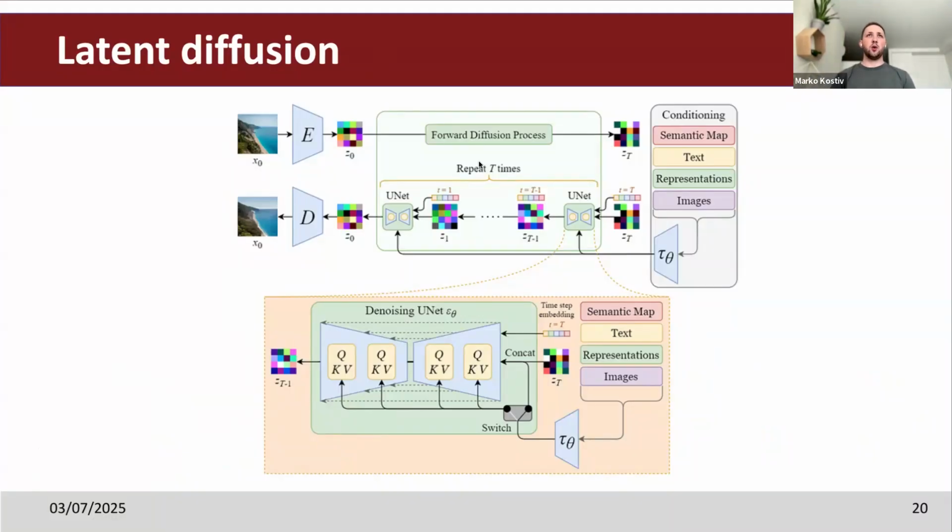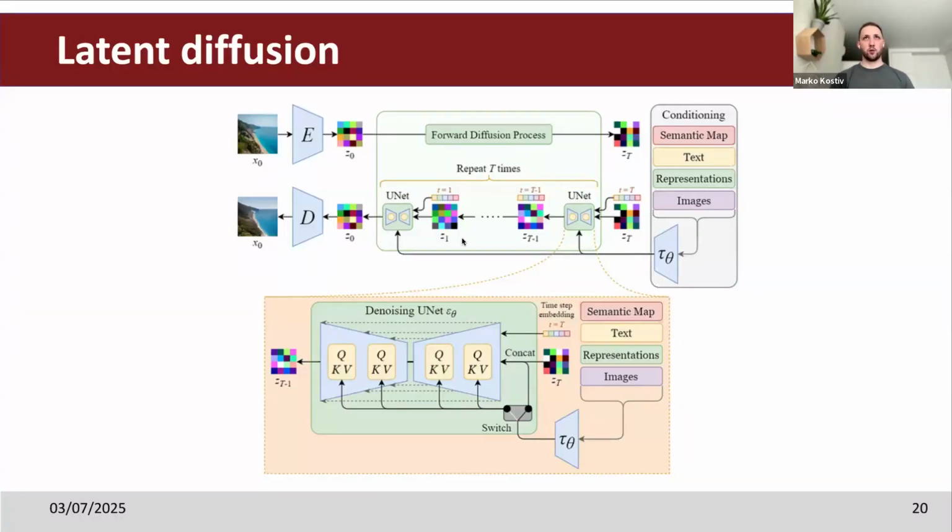And we know that basically we can do the same process in the latent space. So let's say we are not adding the noise to the entire image. We compress it to the latent space first and then operate in the latent space. And we know that operating in the latent space is much, much faster. Let's say we had an image of 512 as an input, and then we compress this to an image of 64 by 64 by extracting the most meaningful components from it.